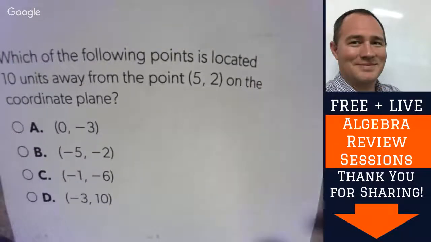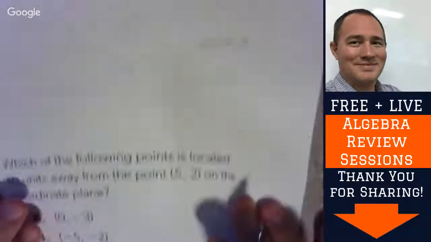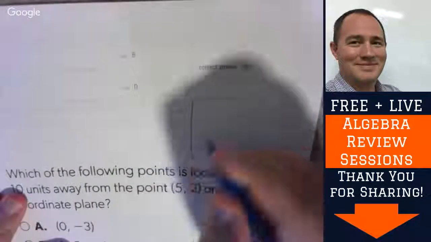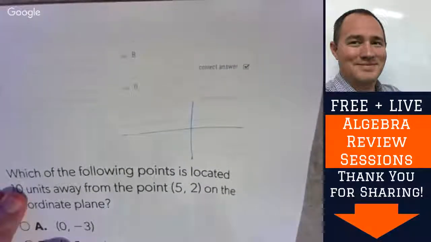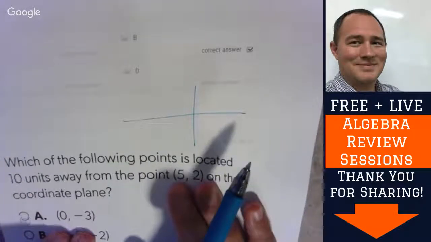Which of the following points is located 10 units away from point (5, 2) on the coordinate plane? If we picture what's happening, we have a coordinate plane, and I'll plot approximately what the first scenario would look like.